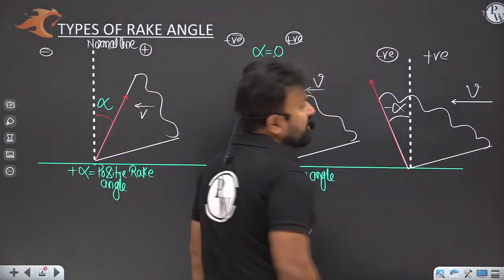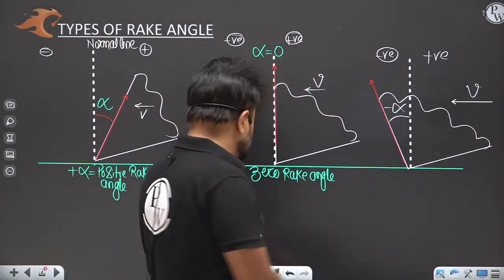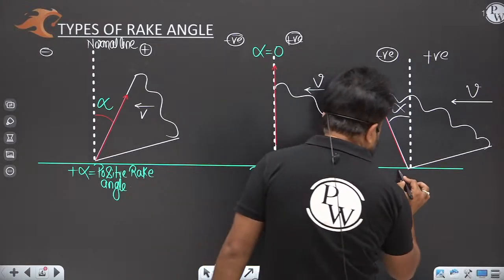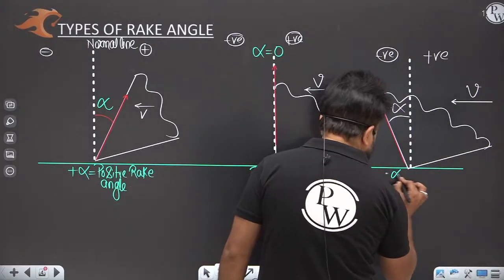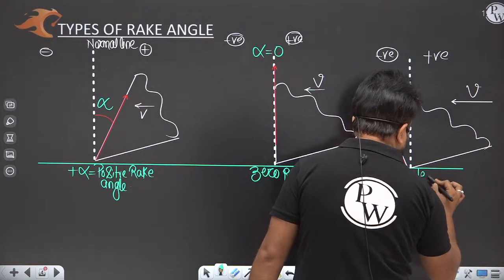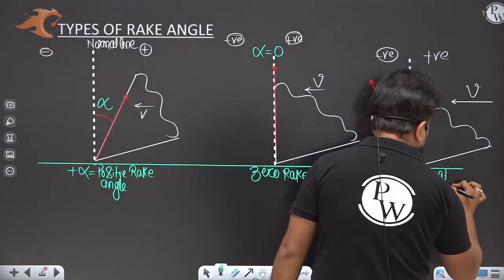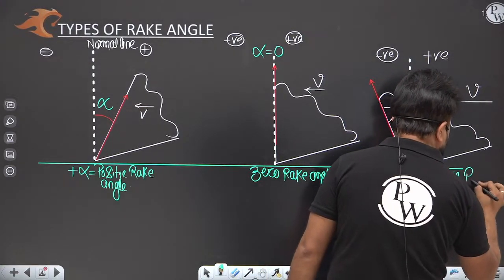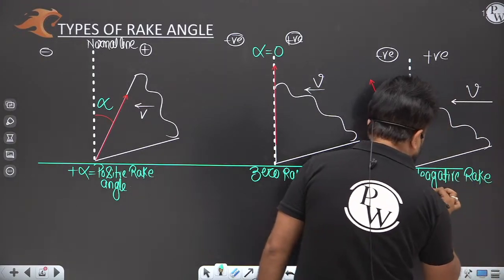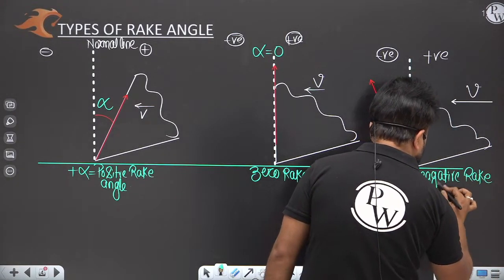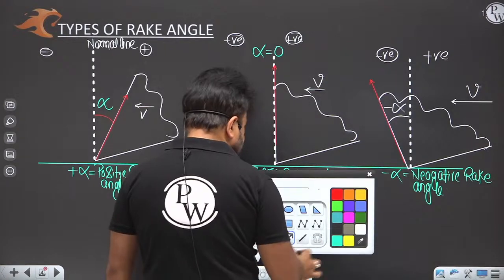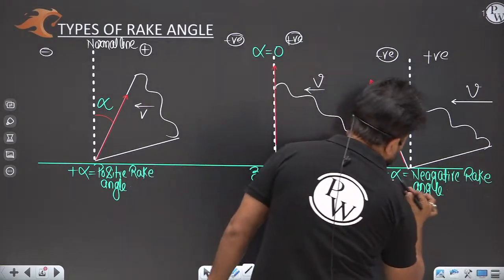So it will be a negative rake angle. Yes or no? This is a negative rake angle.